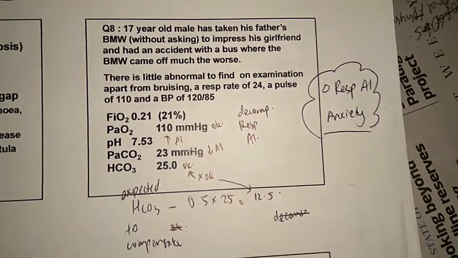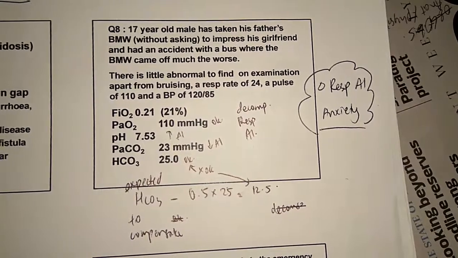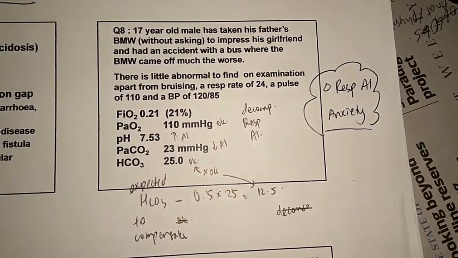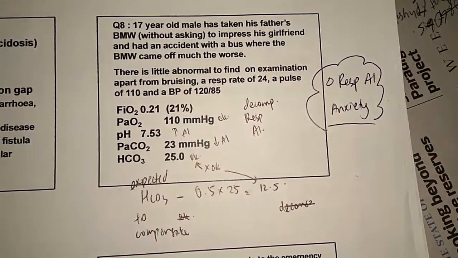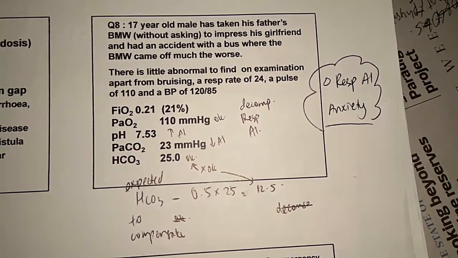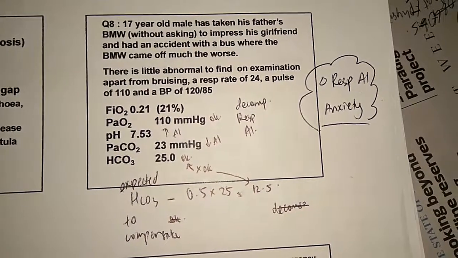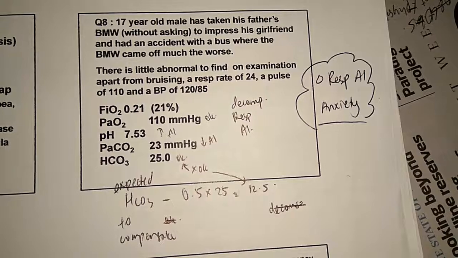Question number 8 is another very interesting case of respiratory alkalosis, which in this case is caused by the patient's anxiety, hyperventilation perhaps. He's in decompensated respiratory alkalosis. The patient is a 17-year-old male.